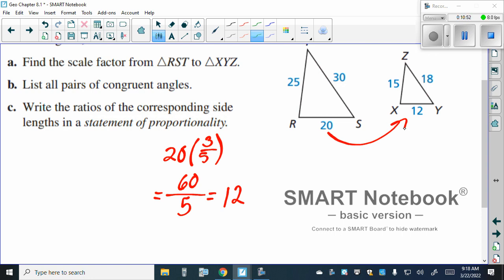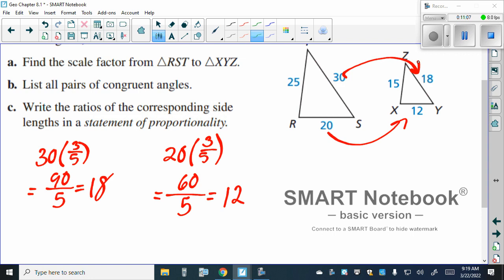And if we did the same thing with 30 and multiplied it by 3/5, well, 30 times 3 would be 90. And 90 divided by 5 is 18. It gives us the scale factor. Questions on this here?